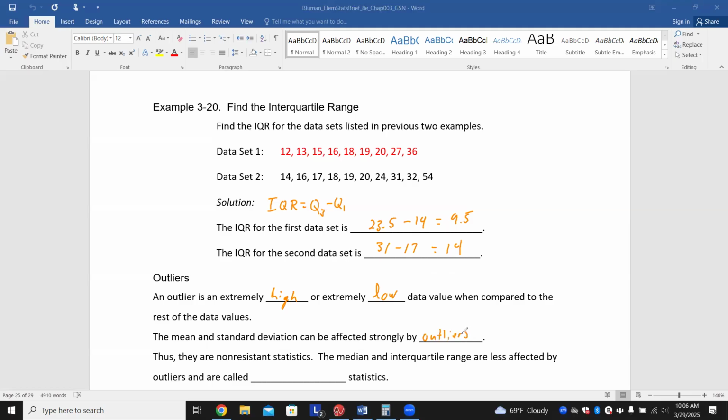Since the standard deviation is based off the mean, the mean and standard deviation are affected by outliers very strongly. Thus, they are non-resistant statistics, meaning they're not resistant to it. They get affected by it. The median and the interquartile range are less affected by outliers and are called resistant statistics.